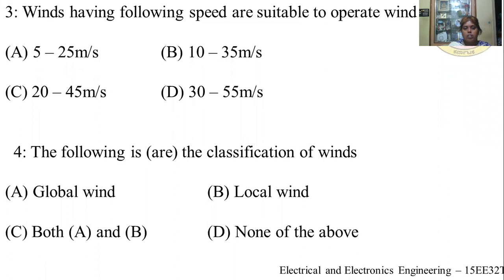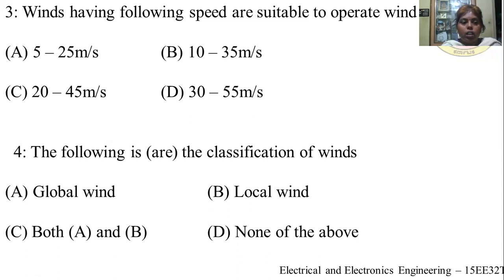Next, third one: winds having the following speeds are suitable to operate wind turbines.